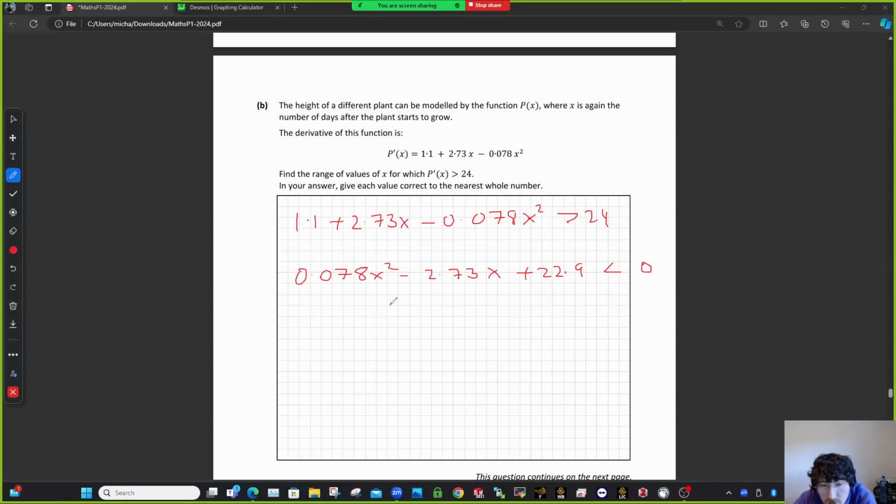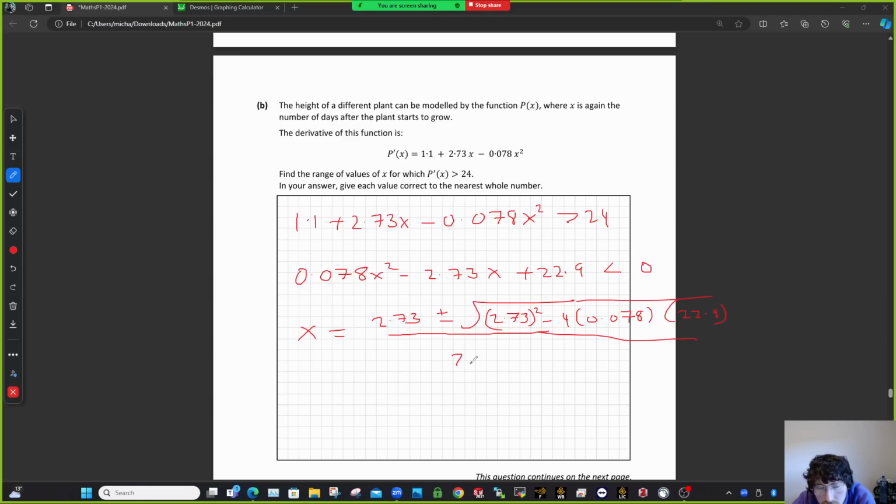Now, you use the minus b formula on this to get your x's, but these aren't your answers, so you mightn't get all the marks if you think this is the answers. Plus and minus, so minus b, square root of 2.73 squared minus 4 times a, which is 0.078, times c, which is 29.9, over 2 times a.